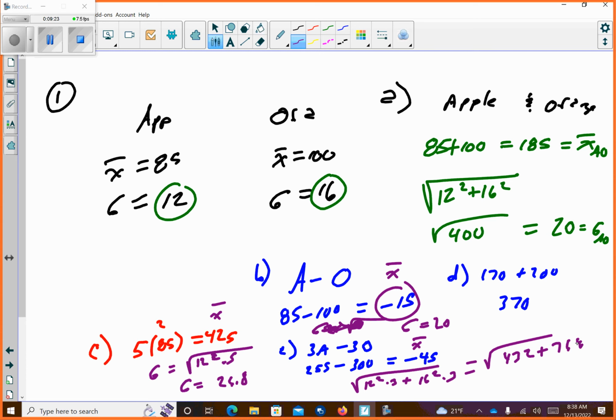So 432 plus 768, and then take the square root of that.